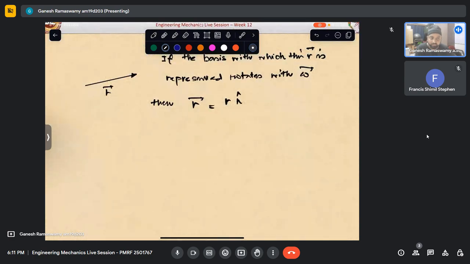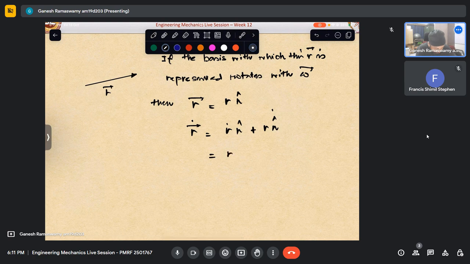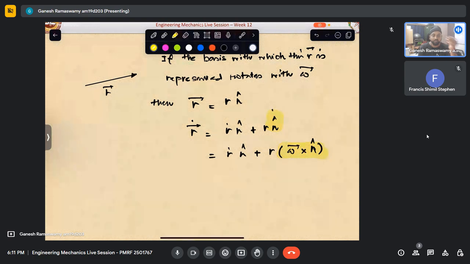This is how we generally represent some vector, r n cap. r is the magnitude, n cap is the direction. So r dot will be r dot n cap plus r n cap dot, which will be r dot n cap plus r times omega cross n cap. This is the key understanding that we need to form here: when a basis rotates by some omega, its time derivative is represented this way. And when we systematically differentiate, this will keep coming in. So we will look at some examples so that it becomes clear.